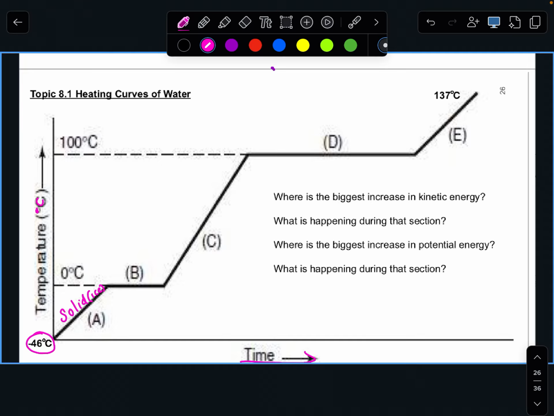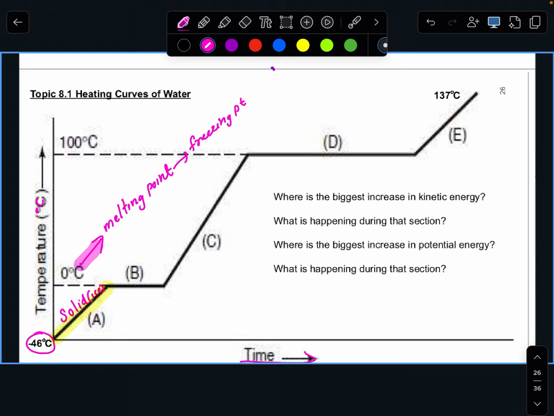When you heat the ice, the temperature is increasing until it reaches 0 degrees Celsius. The 0 degrees Celsius is called the melting point of ice, or it is also the freezing point.